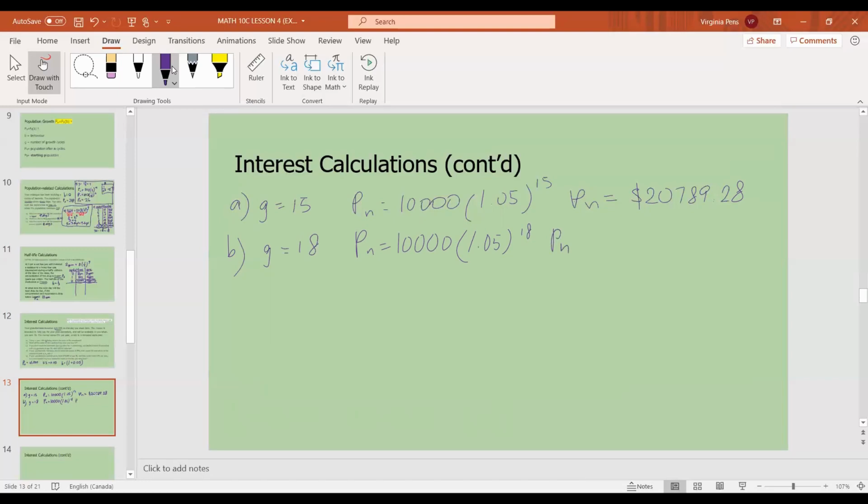Again, let's put this in our calculator. 10,000 times 1.05 to the power of 18 is equal to 24,066 and 19 cents. Oh, wow, you've been given a lot of money for your post-secondary.